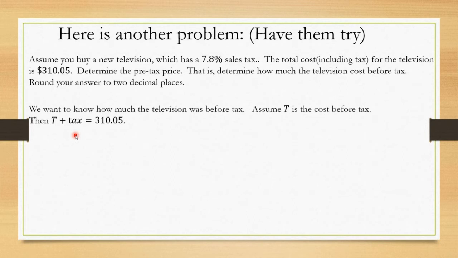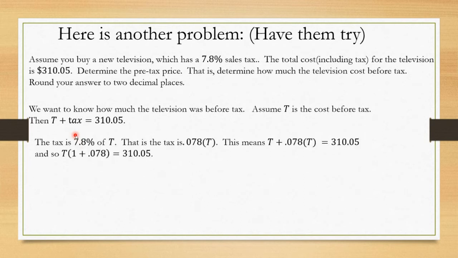Now what do we do? We don't know T, but can we get the tax? Well, kind of. What we know is that the tax is 7.8% of T. But 7.8% of a number is 0.078 times that number. That's what I'm doing here, as you can see.